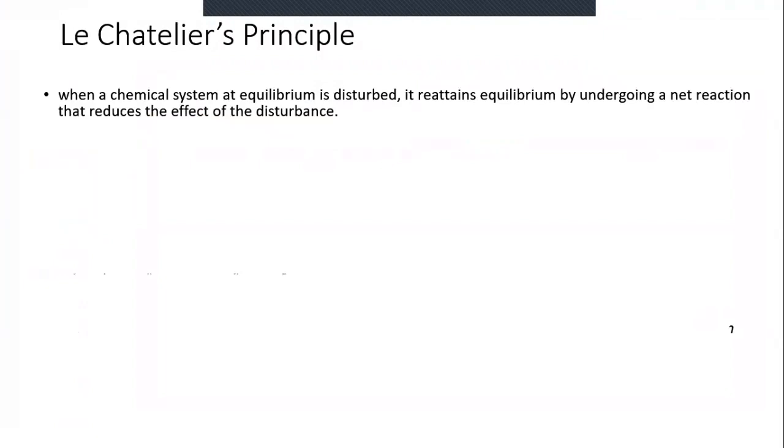And so the general rule is whenever a disturbance affects equilibrium, equilibrium is going to shift to reduce the effect of that disturbance. So for example, if we have a reaction, we add more reactant to the reaction, then equilibrium is going to shift in a way to consume the extra reactant to make more product until equilibrium is reestablished.